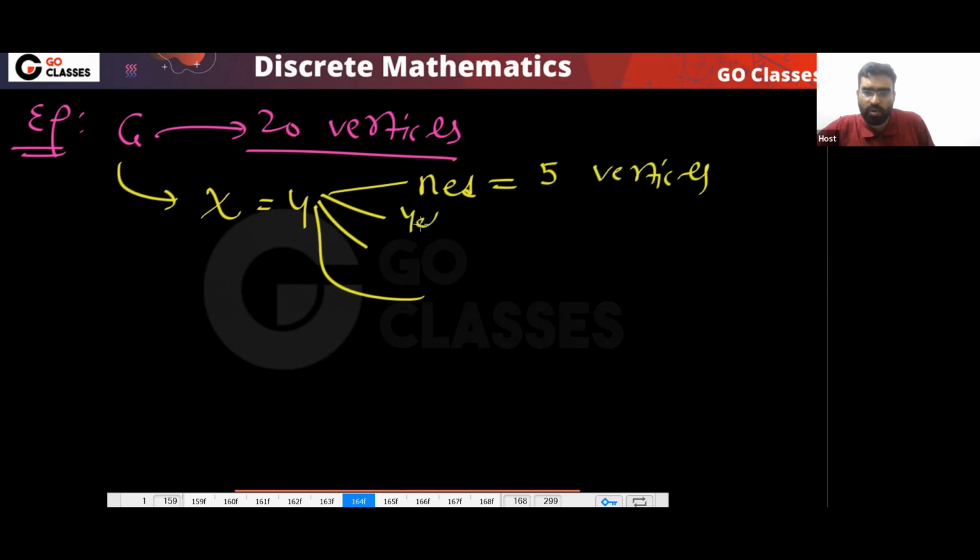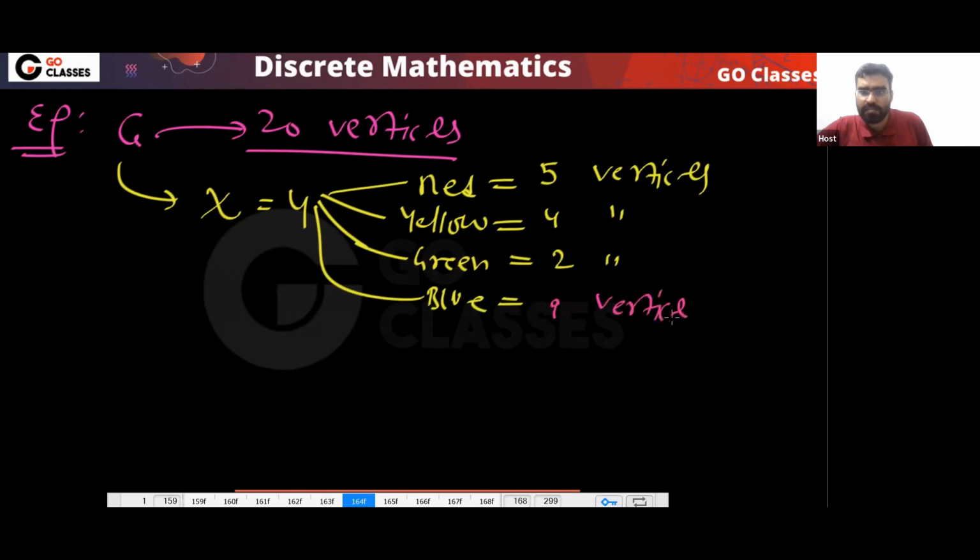Yellow: 4 vertices. Green: 2 vertices. And blue: how many are remaining? 9 vertices. Now tell me, what is the maximum number of edges that will be there?